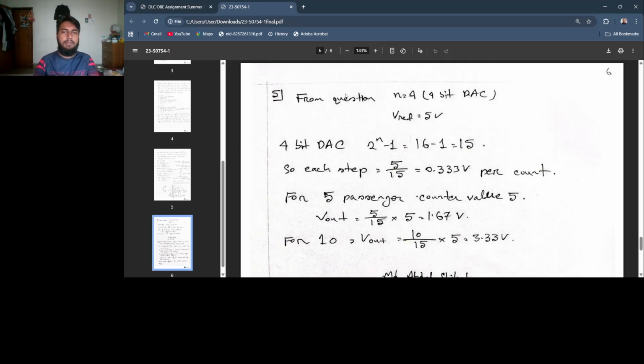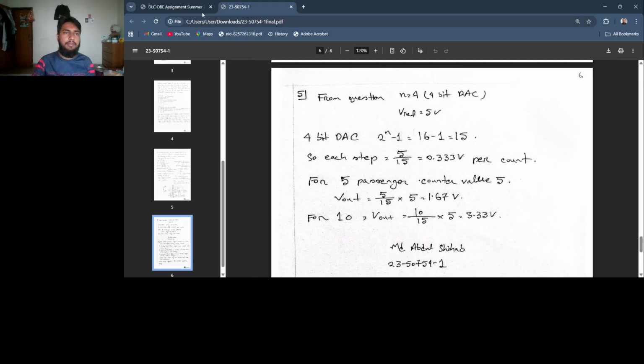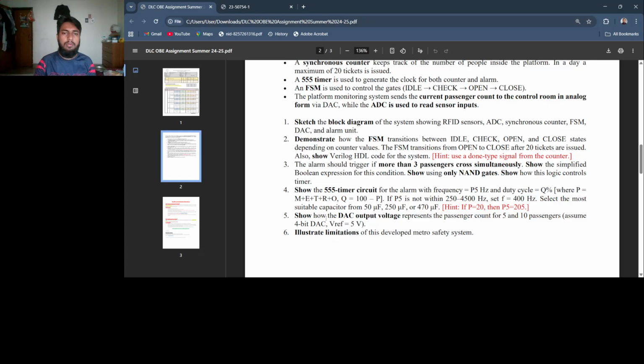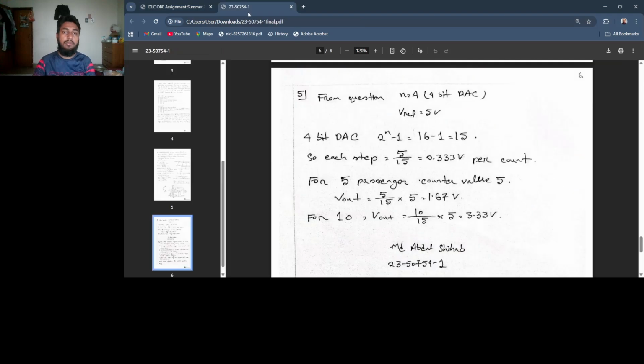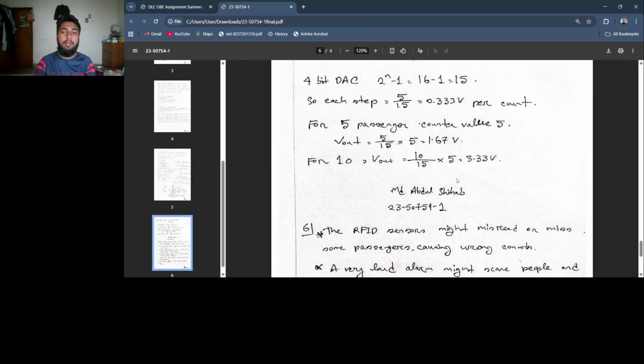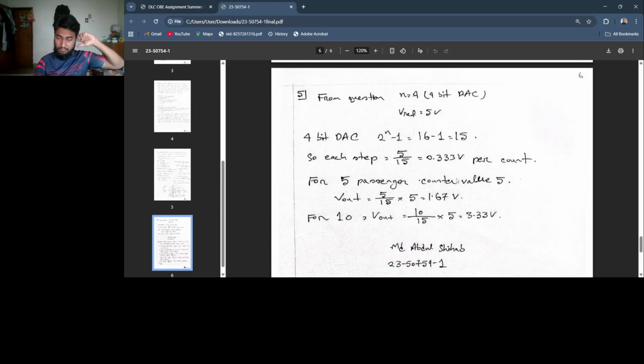Then I go to my fifth question. Show how the DAC, digital to analog converter, output voltage represents the passenger count for 5 and 10 passengers. My question says assume a 4-bit digital to analog conversion and V reference equals 5 volt. So I make the equation and find the value for 5 passengers and 10 passengers.